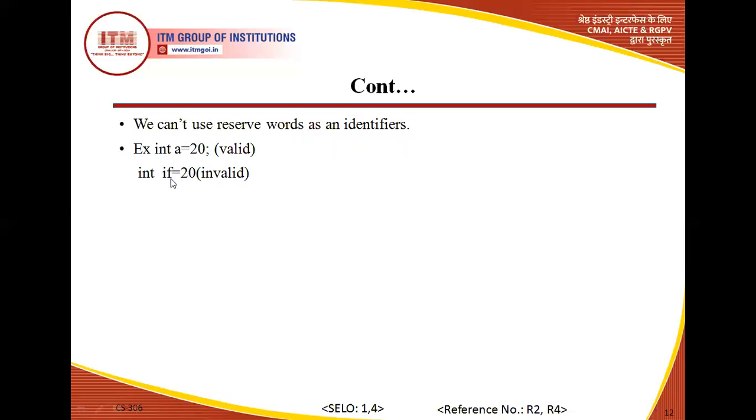But if we write if = 20, or else = something, or for = something, all of these give a compile time error, because an identifier cannot be a reserved word.